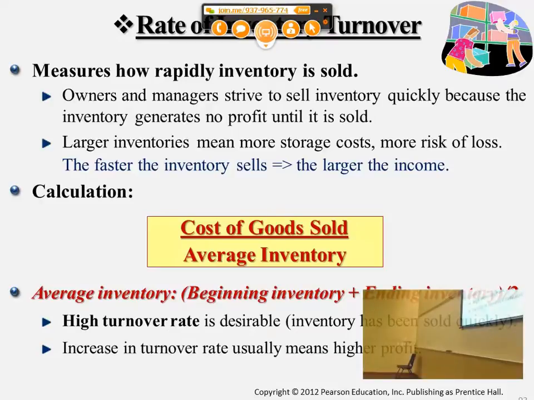Okay, so once again, inventory, the purpose of purchasing it in later on is that we want to sell it and to gain profit in between. So the quicker the inventory is being sold out to the customer, the cost of goods sold expense account will be increasing. So this part here, the higher the better compared to average inventory level.